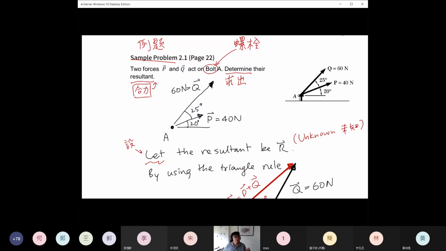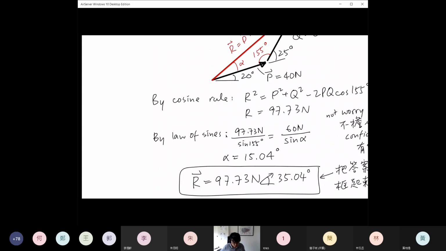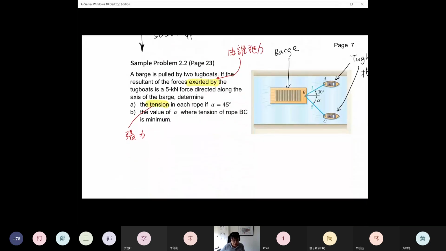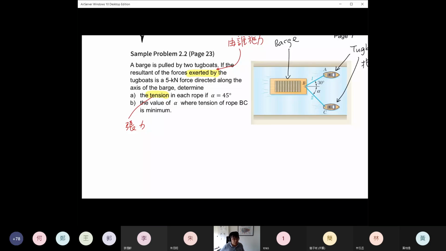In the future, if you see any questions, look for this word, find this word, and then you know what to do. And so we stopped at example 2.2. I translated some keywords in this question.